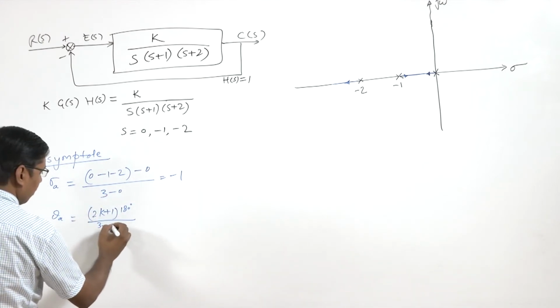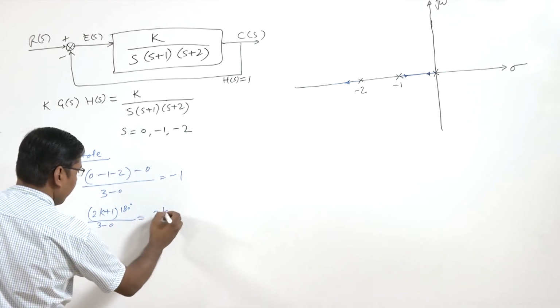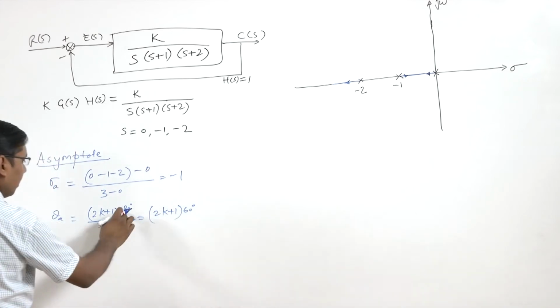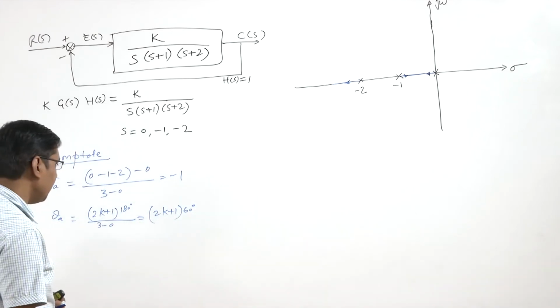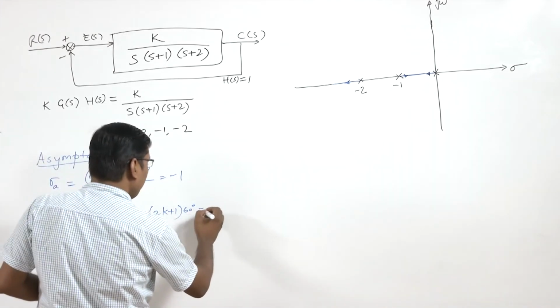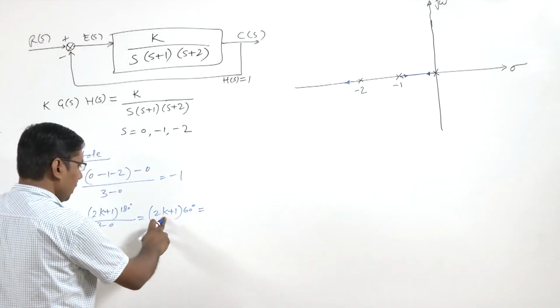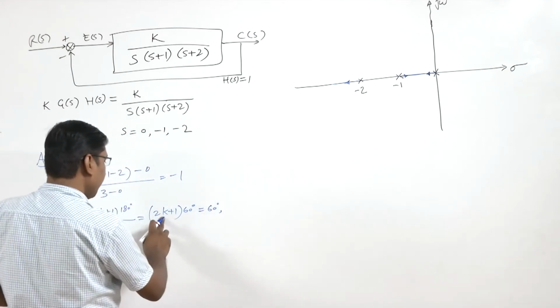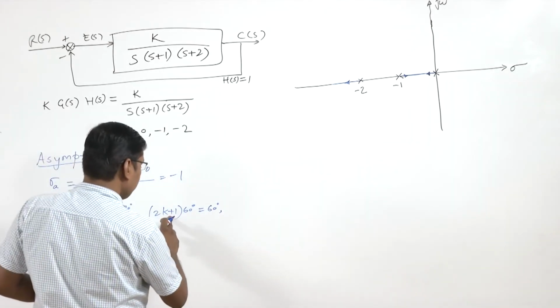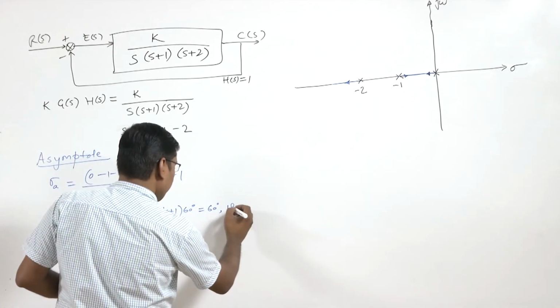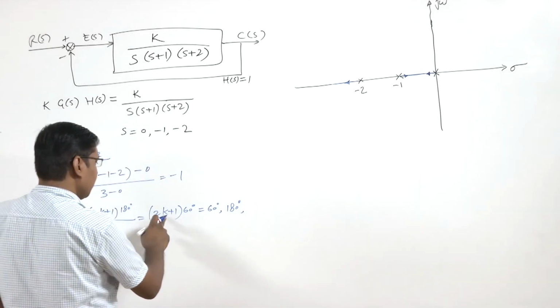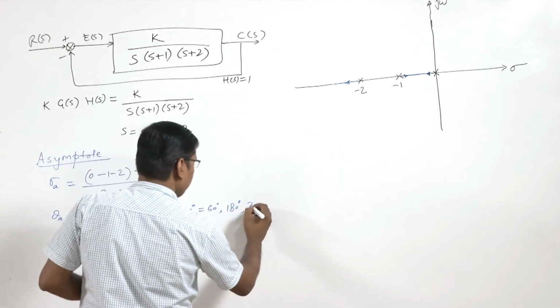So 3 minus 0. So we are going to get (2k plus 1) into 60 degree, because we divide 180 by 3. So when k equal to 0 we have 60 degree, k equal to 1 we will get 180 degree, and when k equal to 2 we will get 300 degree.